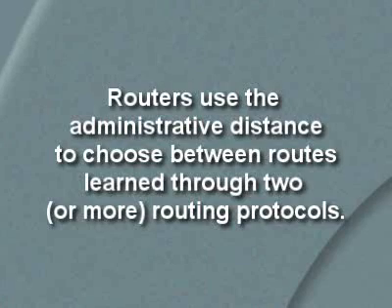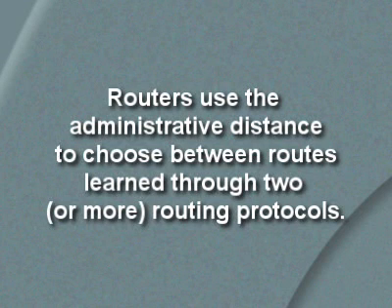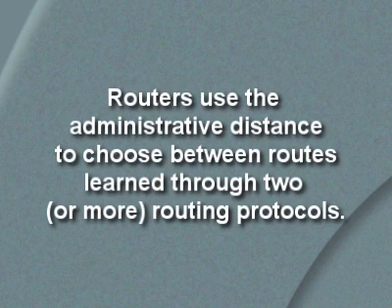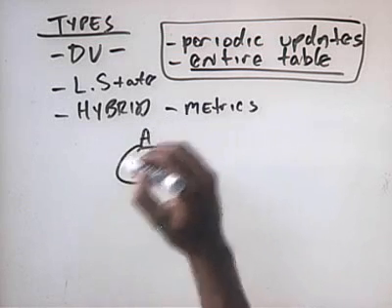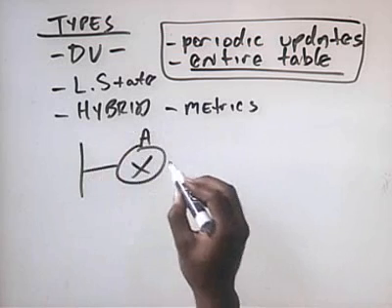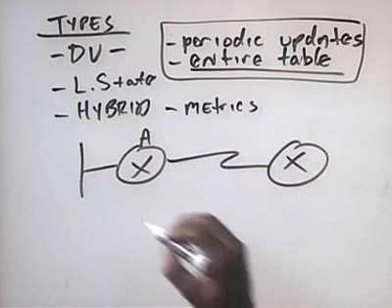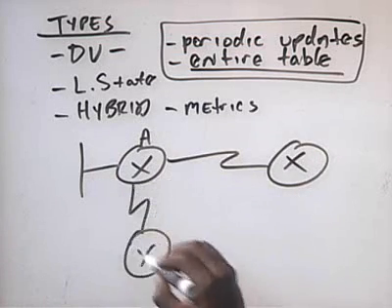Another very important concept to consider with routing protocols is the concept of administrative distance. Administrative distance defines a trustworthiness factor for your router to decide between two routing protocols that report the same information. Let's take a look at this. Say, for instance, router A has two routing protocols operating on it.